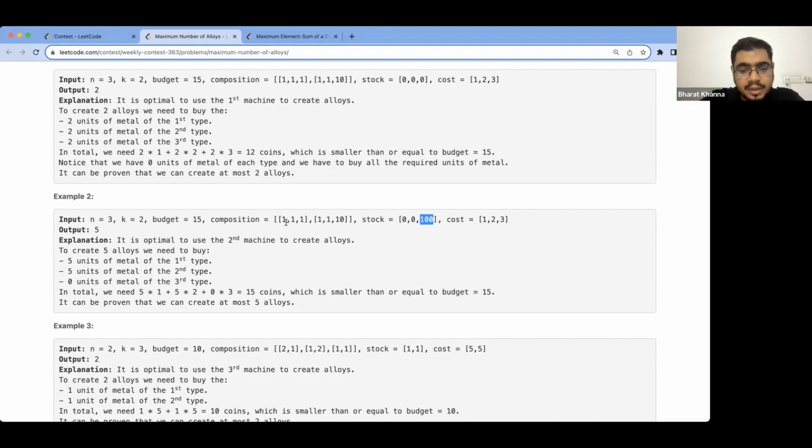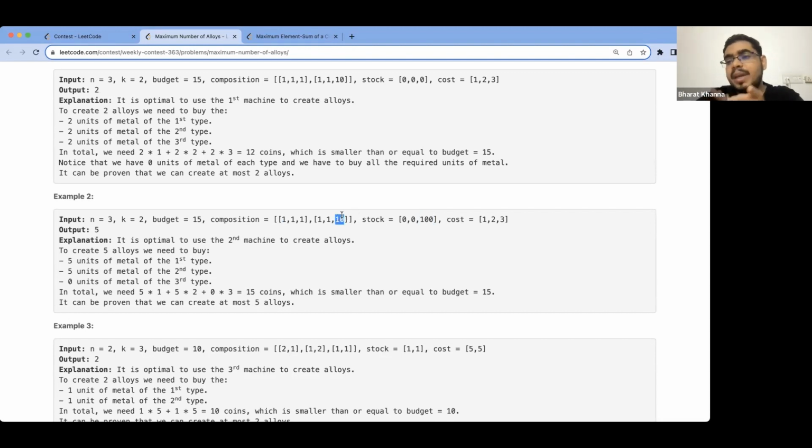Okay. Tell me one thing. If the first type was 2, what would we have preferred? Would we have preferred the second machine or the first machine? If here 2 units would have been taken instead of 1 for the first type, would we prefer the second machine or the first machine? Second machine. Why? Because the third stock is in plenty with us, right?